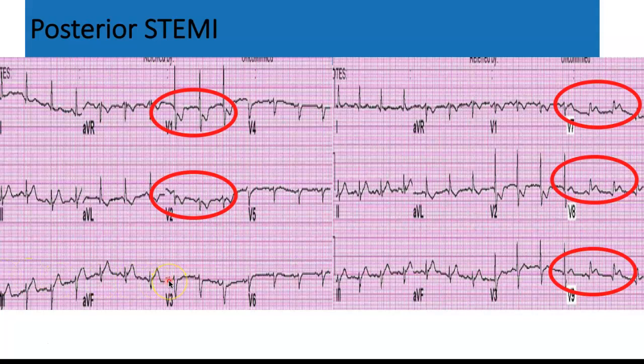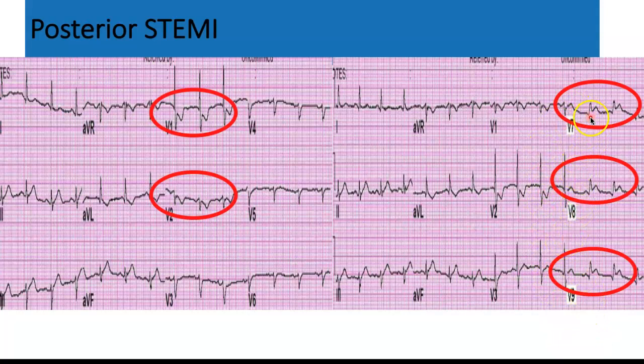Here's another example of a posterior STEMI. ST segment depression was noted in leads V1 and V2. If you can imagine flipping that, there's a very pronounced R wave in lead V1. The additional posterior leads were obtained, V7, V8, and V9.